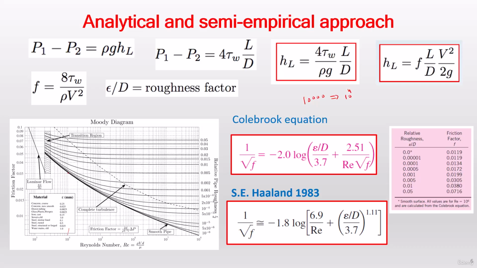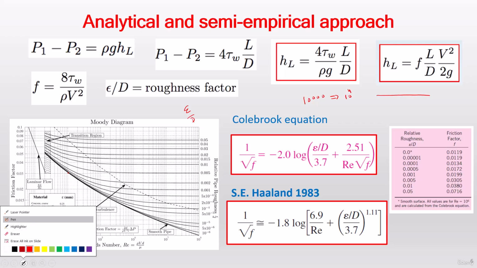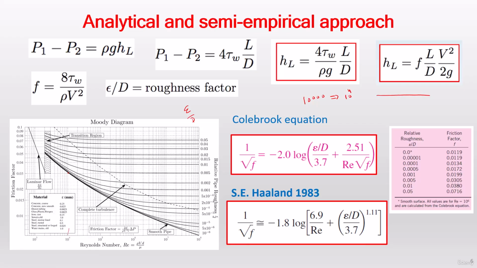We are not modeling any roughness there, and the roughness is given as a relative roughness, that is epsilon upon D. What does it mean? If the pipe has some roughness that you cannot see with your naked eye, but with microscopic apparatus the roughness will appear.